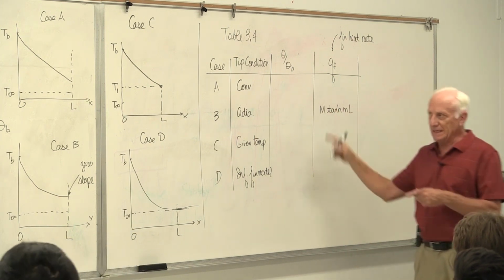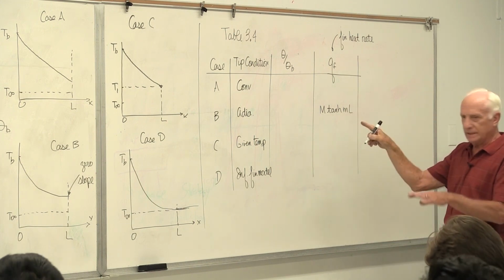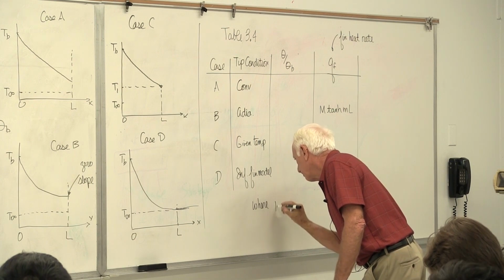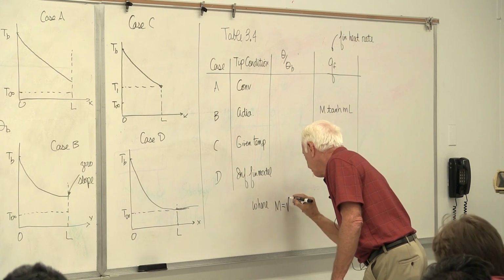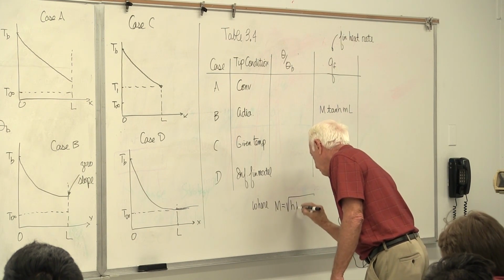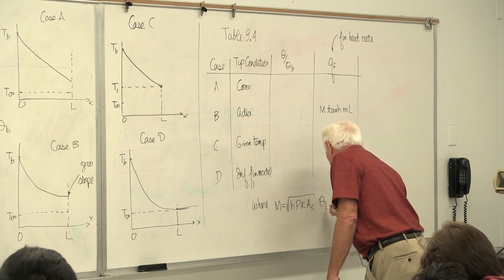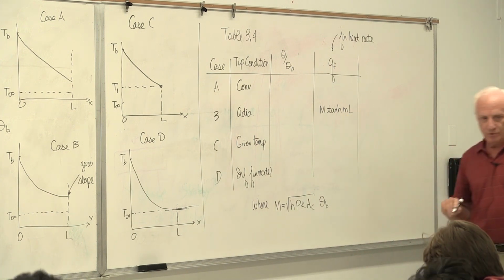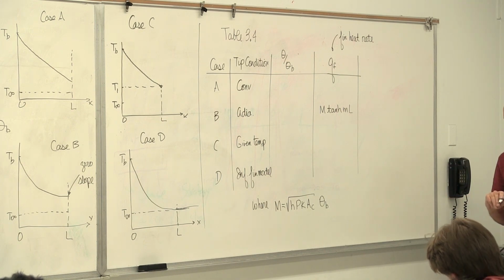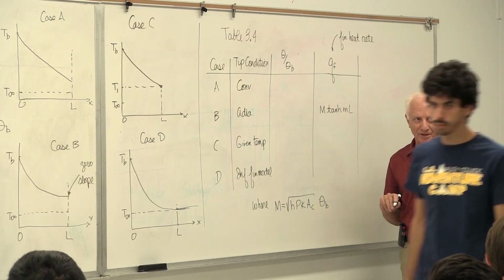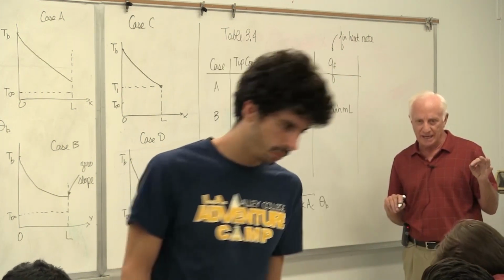Now, at the bottom of the table in the textbook, he tells you what capital M is: the square root of h P k A_c, times theta_b. The theta_b is outside of the radical sign. Don't put it under the square root sign. Outside.